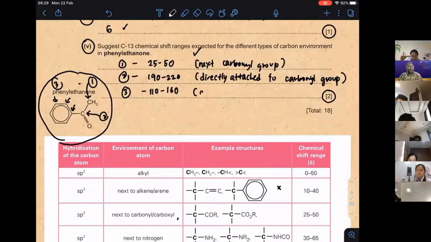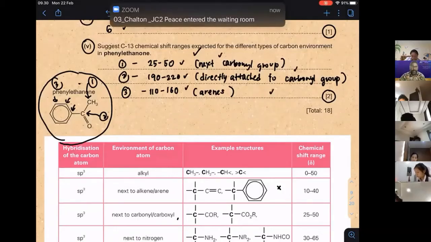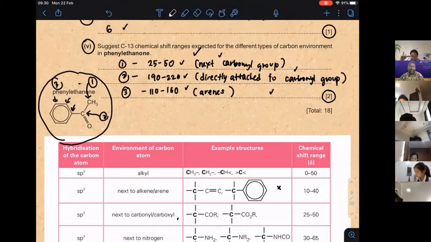Here they say suggest. When they ask you to suggest, please suggest with reason. Cannot simply suggest. So please suggest the range and tell what is the reason. When they say chemical shift ranges for different types, if possible, at least 2 ranges must be given.